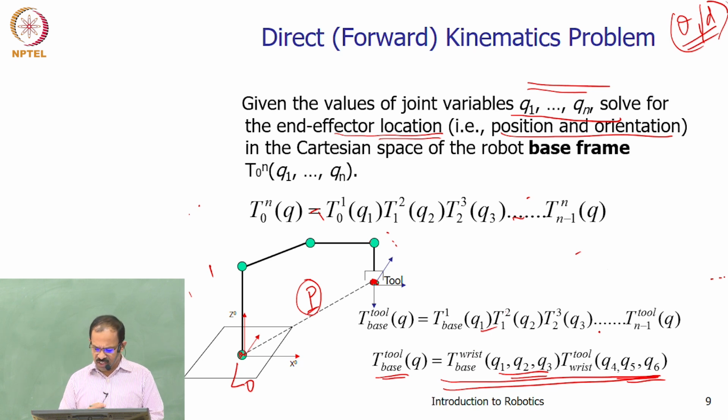Otherwise it is the same; only up to 3 we are bifurcating and then making it 2. Suppose this is the wrist point, then the first 3 joints decide the wrist position, and the orientation of the tool is decided by the next 3 joints.